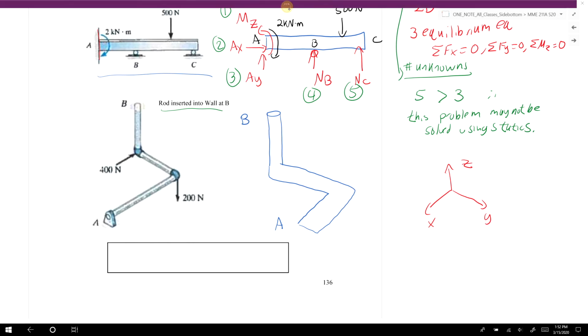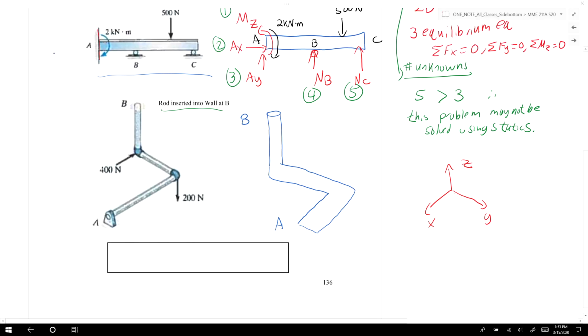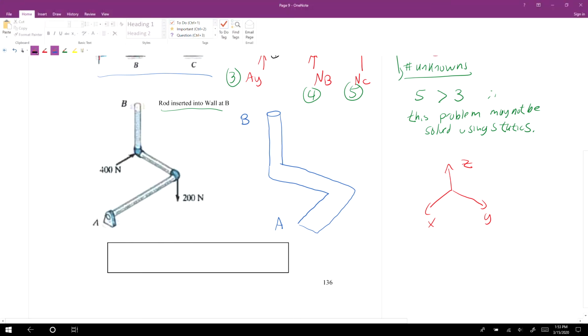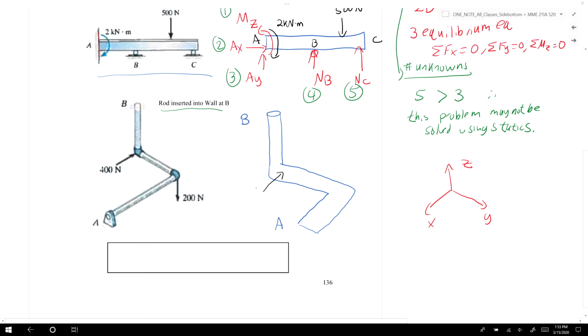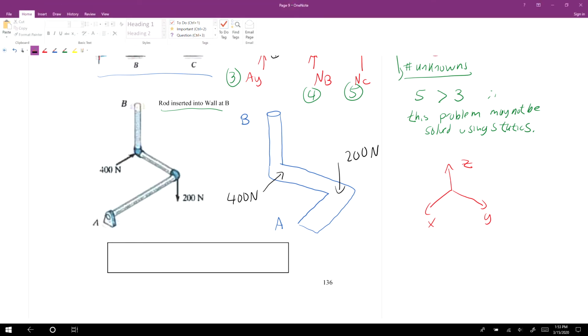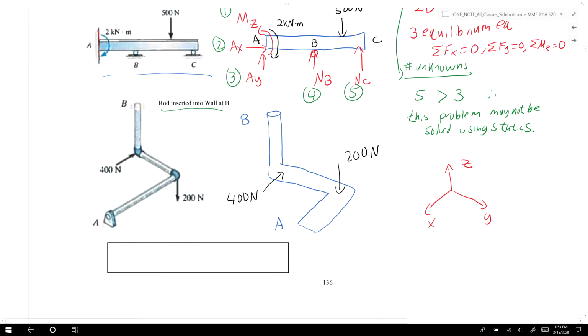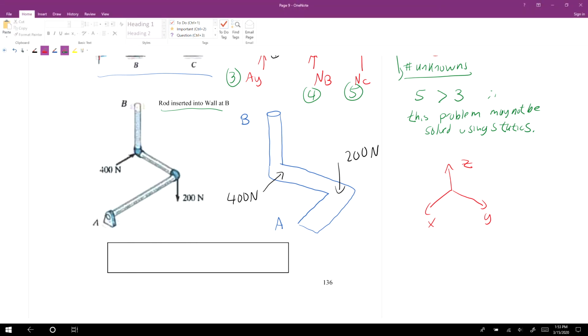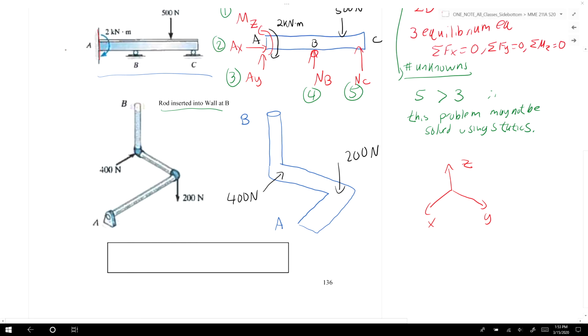The next step is to define the external forces. We have a 400 Newton force applied along the negative x-axis at that joint, and a 200 Newton force applied along the negative z-axis at that bend in the pipe system. Then the next step is to include all of our reaction forces and moments.